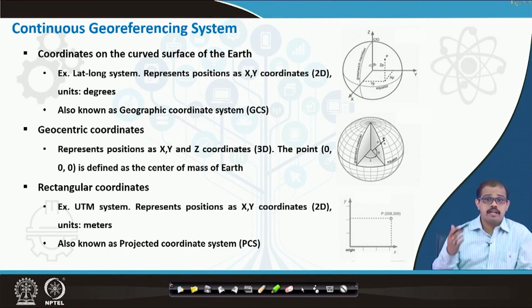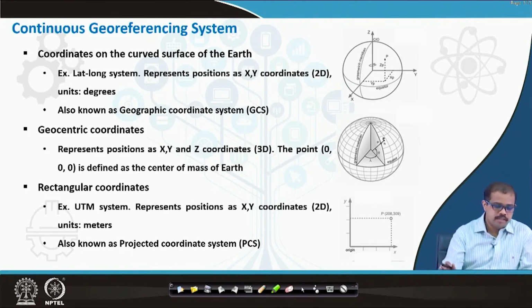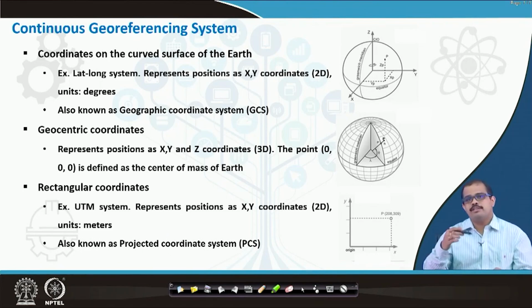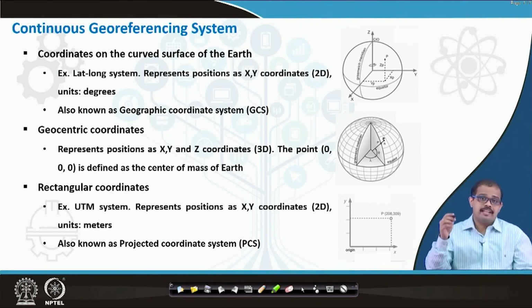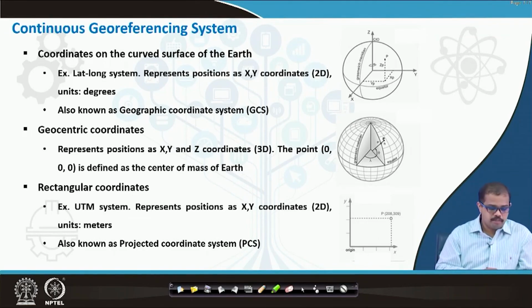Then you have rectangular coordinates. So this is, for example, let us say, UTM, Universal Transverse Mercator system, which represents the position as xy coordinates. Okay, but its units are in meters. It's extremely easy for us if it is in meters, because it will help us in easily calculating the distances, etc. So one of the systems is called the UTM coordinate system.